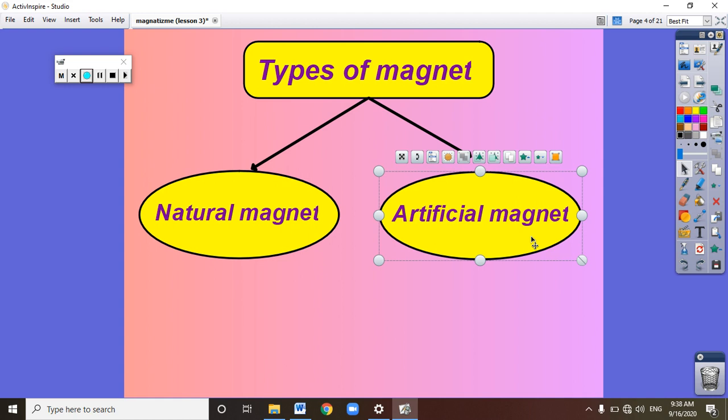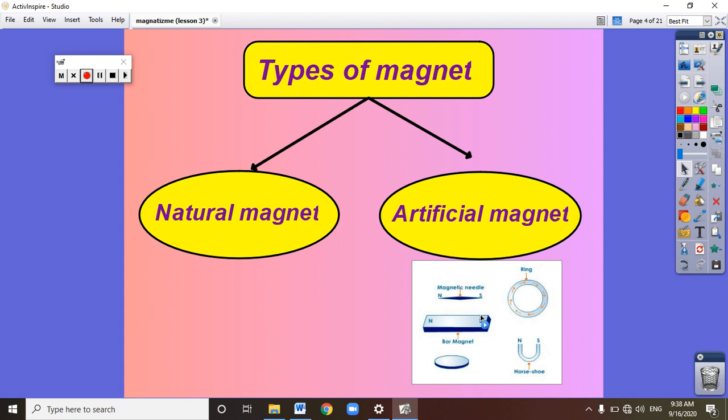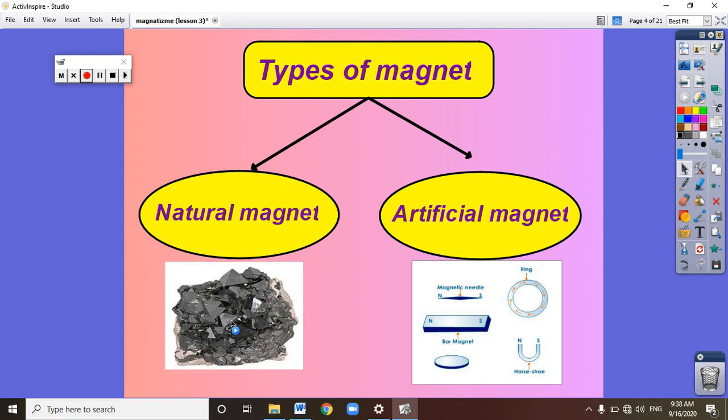We made this magnet. We don't get it from nature or from the mountains. We made it. So there are two types of magnets, which are natural magnet and artificial magnet.